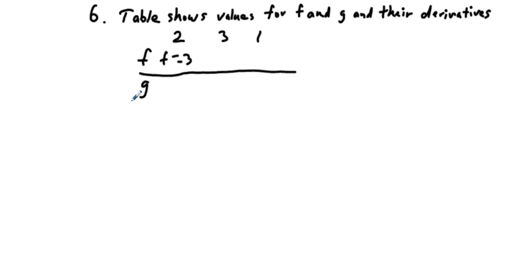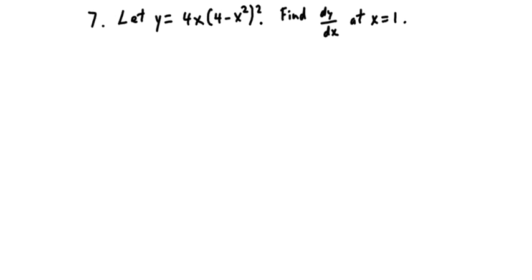Something could be simpler than that. So you're going to have to take these F prime and F and G prime and G and use these to figure out what the derivative is.